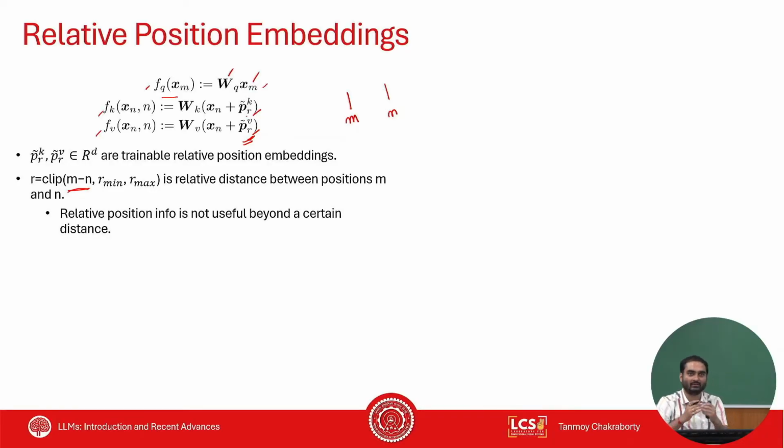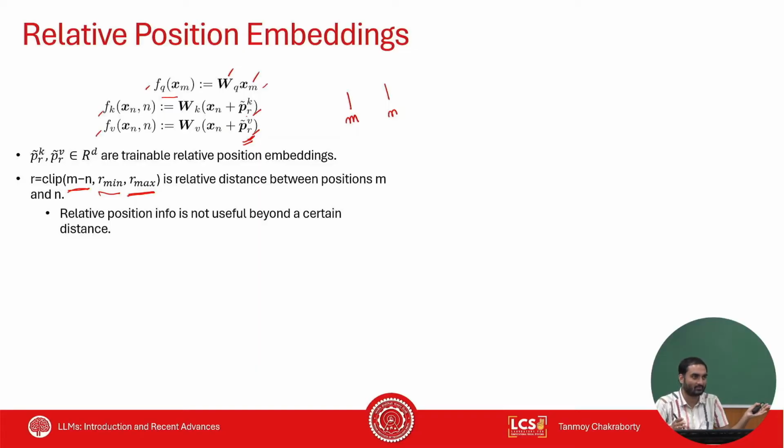Now, if m minus n is arbitrarily large, you clip using a threshold called r_max. If it is very small, again you clip using the threshold r_min. So r is essentially a clip of m minus n. If m minus n ranges between r_min and r_max, then it is okay. If it exceeds r_max, you consider r_max.